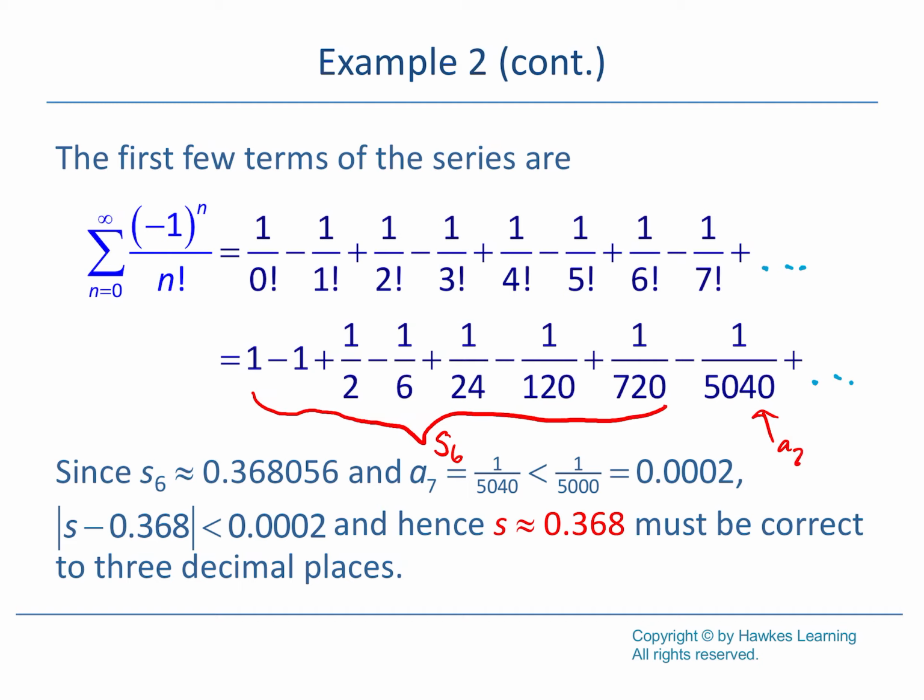And here the calculation is done that S6 is about this decimal, and a 7 is this. So just by going out for these 6 to 7 terms, we know that we are very, very close to the actual value of this infinite series. We're at least correct to the first 3 decimal places.